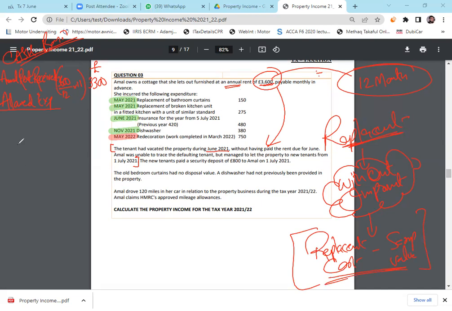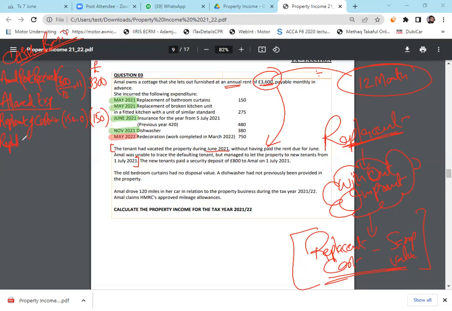Did they write that you replaced it with very nice bathroom curtains with diamonds or something like that? It's a general replacement. What is the price? 150. Any scrap value given? It says it has no disposable value, so 150. Any questions?